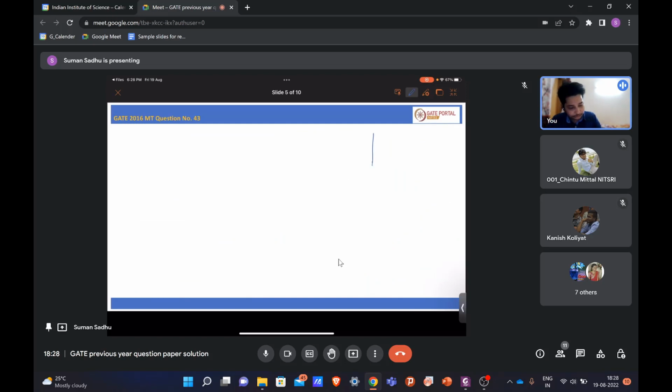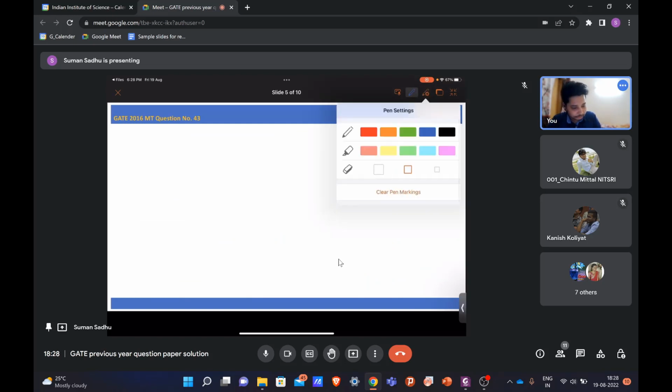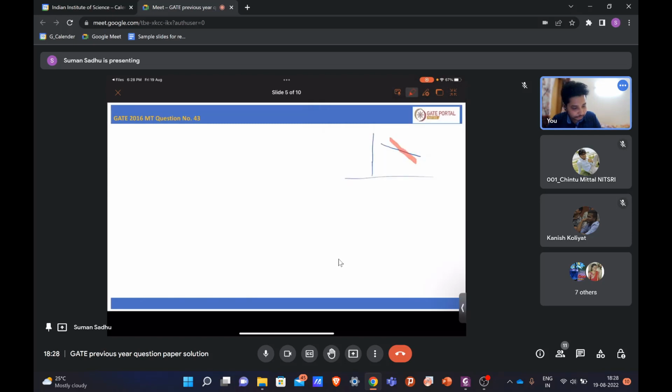As I mentioned here, this is the liquid, this is the solid, right? This is the Tm and this is our T, the temperature of interest. So delta G we can write as delta H minus T delta S, right?